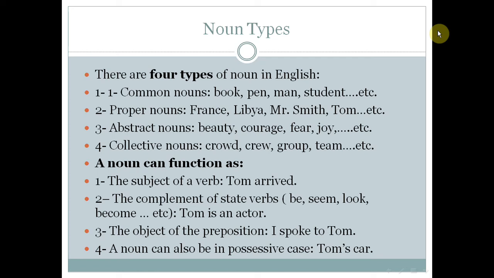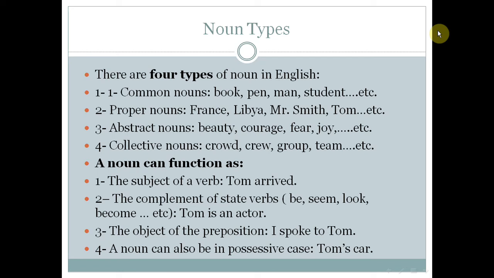It's a proper noun. And Tom is the subject. Mona wrote a letter to her friend. Muna is the subject of the verb wrote. Like here, Tom is the subject of the verb arrived.